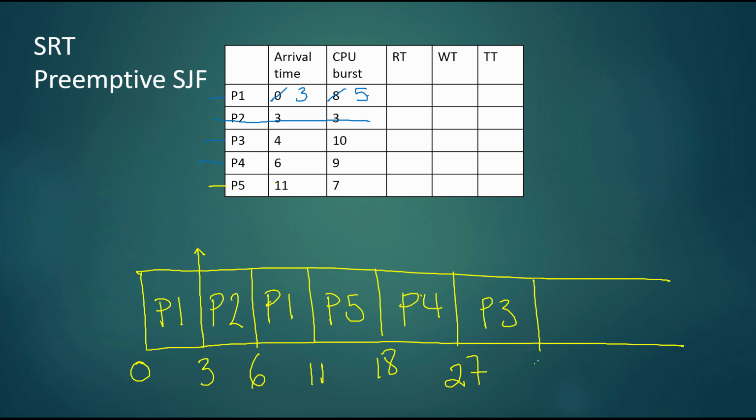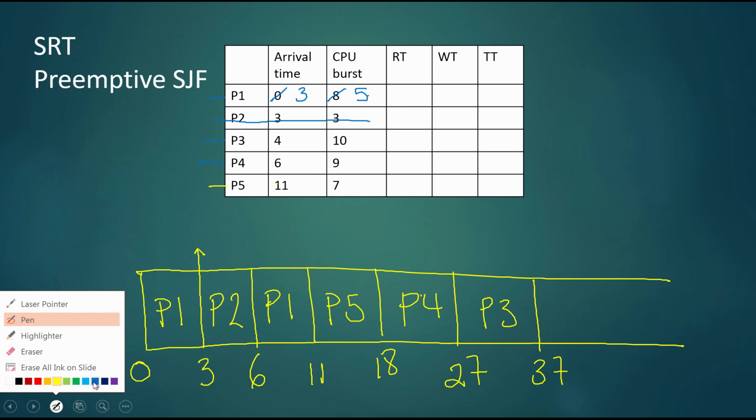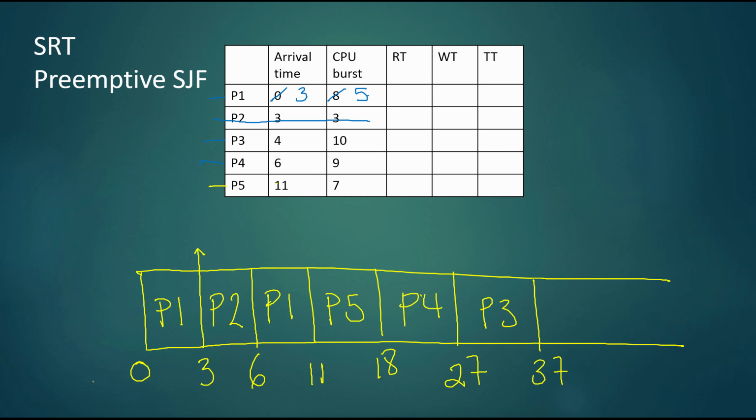And once you get your Gantt chart correct, it's quite simple to calculate the response time, the wait time, and the turnaround time. So P1 arrived at time 0, first got on the CPU at time 0, so P1's response time is 0. P1 finished at time 11, and because it arrived at time 0, its turnaround time is 11.